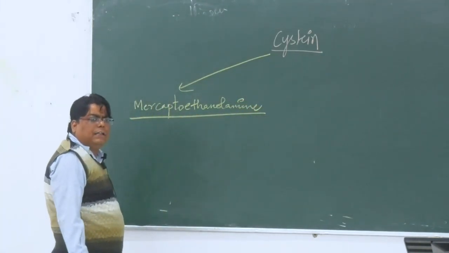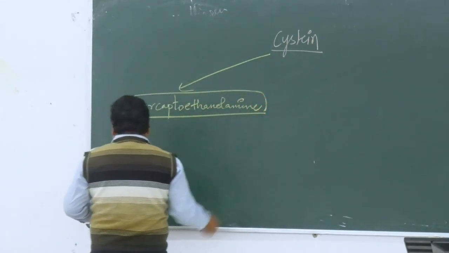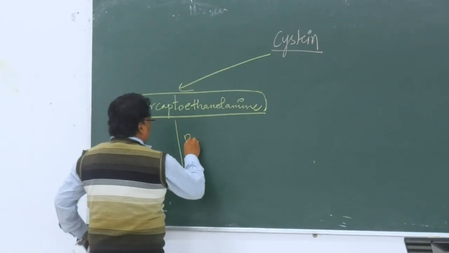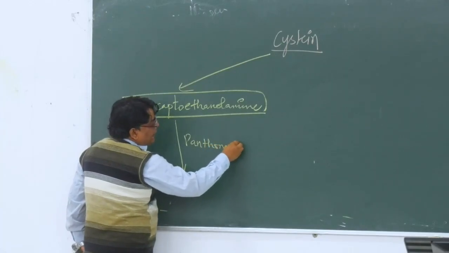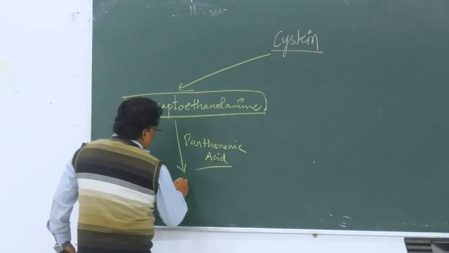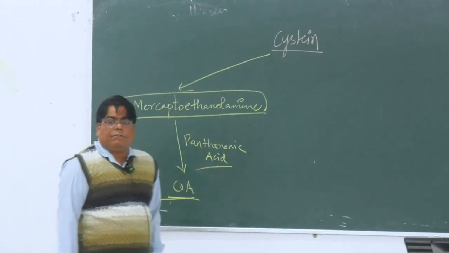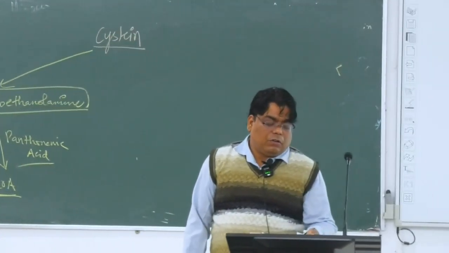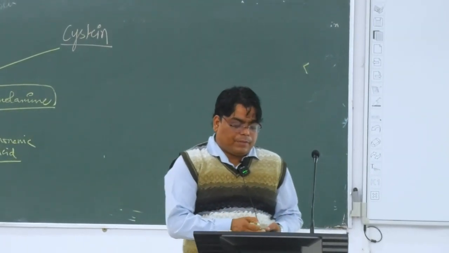It forms a secondary product in the degradation, mercaptoethanolamine, and this mercaptoethanolamine, with the help of pantothenic acid, forms acetyl-CoA. This is the first utilization of these cystine molecules.